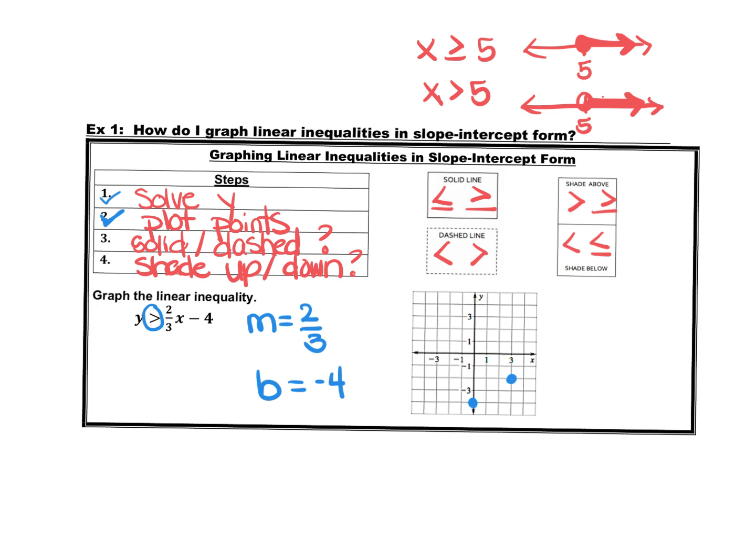Therefore, we need to have a dashed line. And now we're graphing in terms of y. Y is greater than 2/3x minus 4. If something is greater than, then we're going to shade going up.